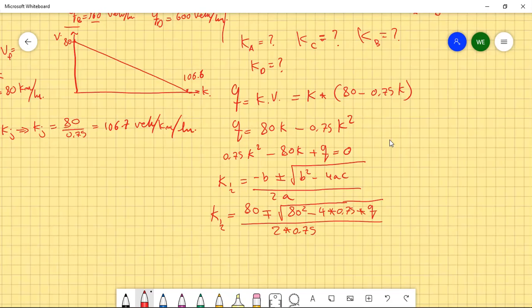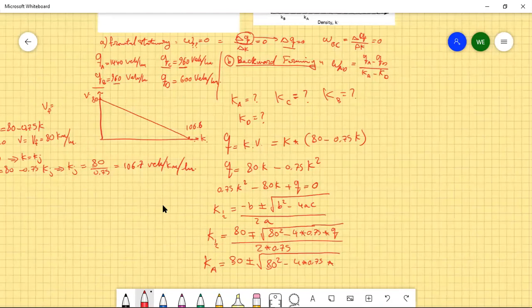So KA equal 80, plus or minus, and I'm going to tell you why it's minus. Just try to solve it plus or minus. And here we have 80 square minus 4 multiply 0.75 multiply QA. QA, how much was it?